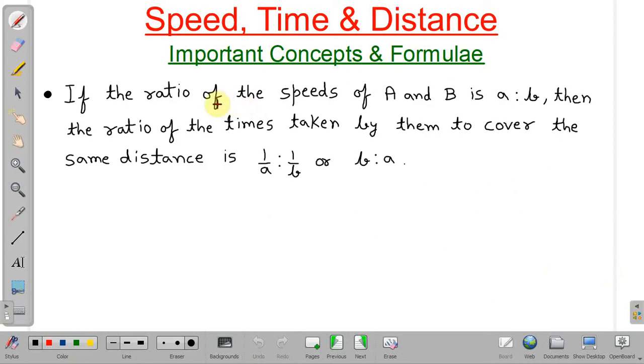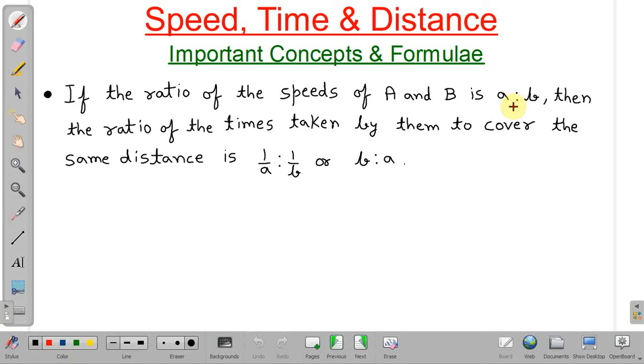Now consider the case. If the ratio of speed of A and B is A ratio B, and suppose the distance covered is same. In that case, as we know that speed is inversely proportional to time, that is speed equal to distance by time, or we can say time equal to distance by speed.